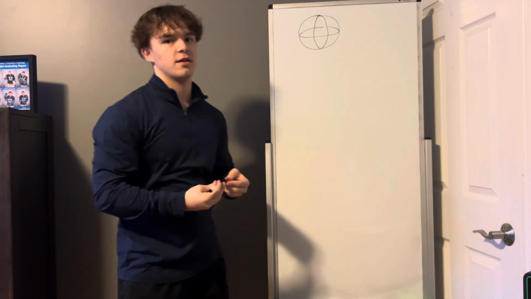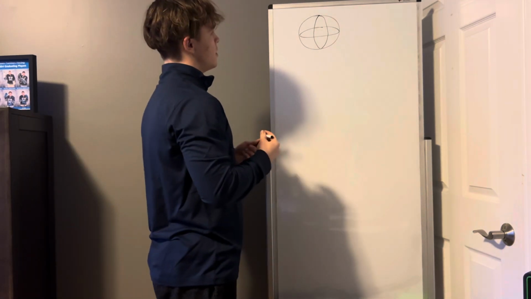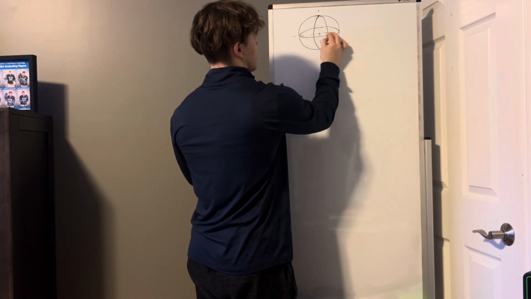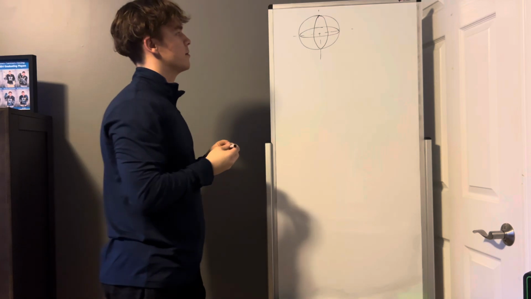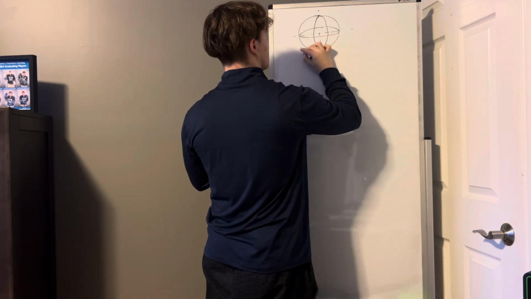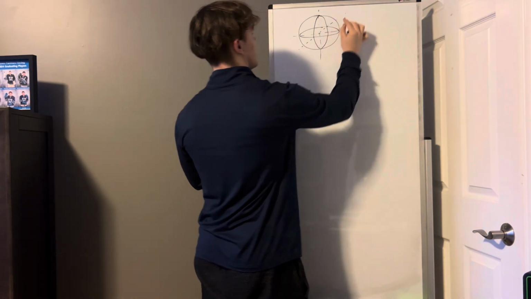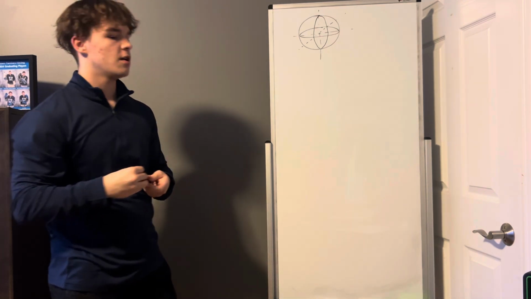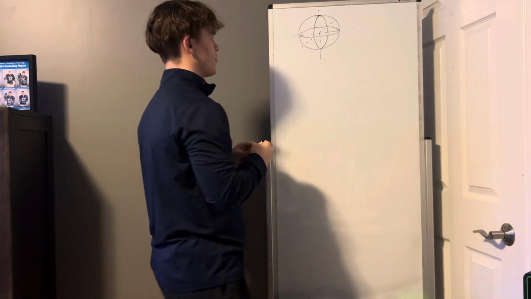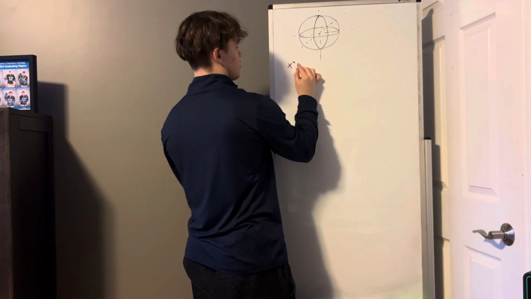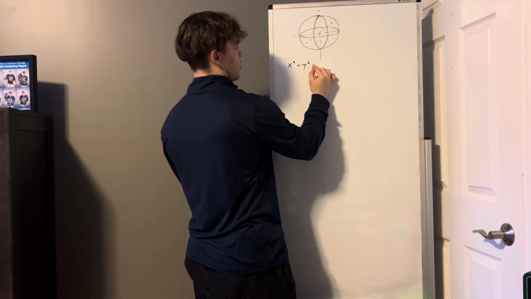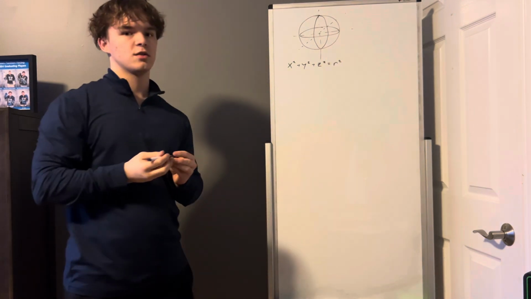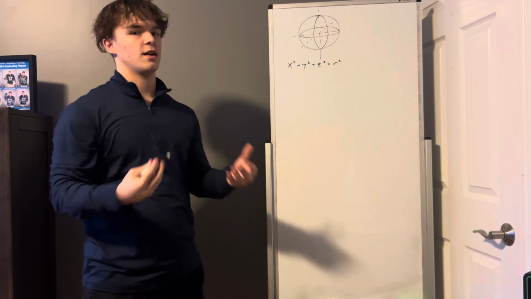Hard to draw 3D things in a 2D space, but you guys can imagine we have our axes coming through here, you know, one also coming through there. And so this is our sphere. Spheres are represented by the equation x squared plus y squared plus z squared equals r squared. So very similar to 2D space, we're just adding another variable.